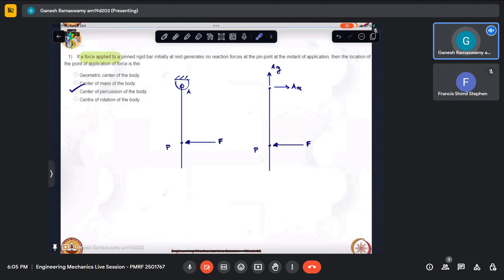Both these quantities, the reaction applied to counter the rotation and the reaction applied to arrest the translation, equate with each other and nullify when you apply the force at a special point called the center of percussion of the body, which has to do with its mass distribution. Is it clear? Yes, this point P is the center of percussion for this body.